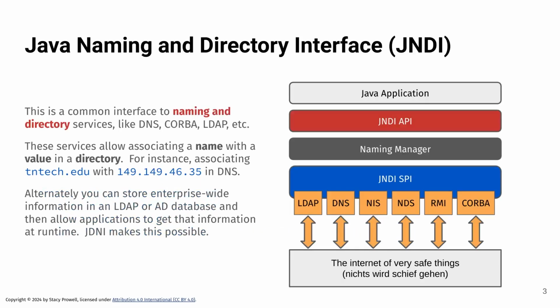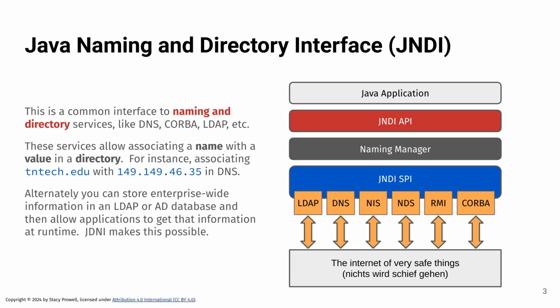And with that, let's talk about the Java naming and directory interface. So this is a common interface to naming and directory services, and there are a lot of them, and you are probably familiar with a few of them. You're probably familiar, for example, with the domain name service, which gives you IP addresses for host names like TennesseeTech.edu.